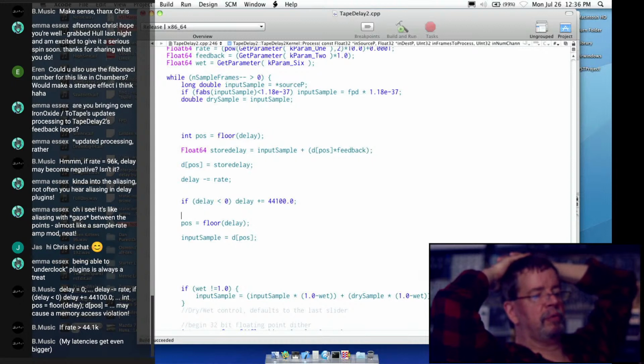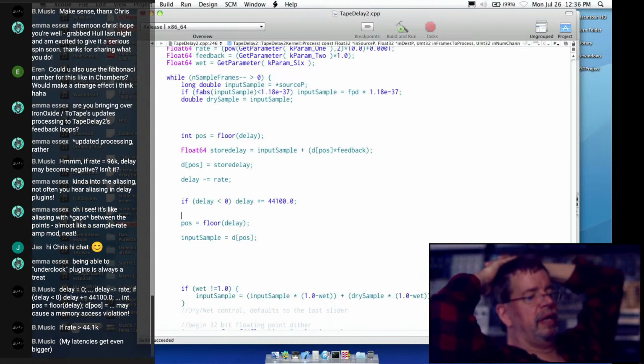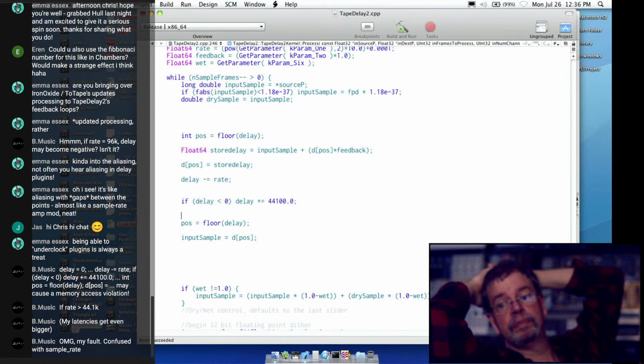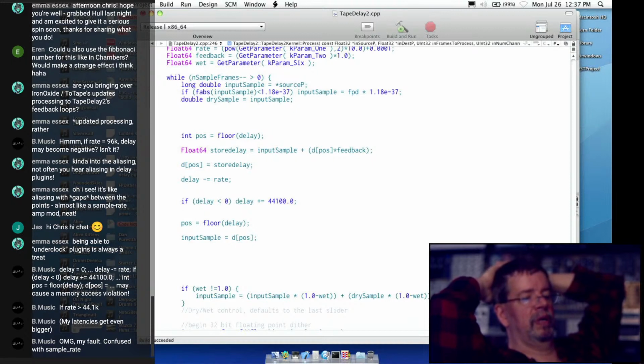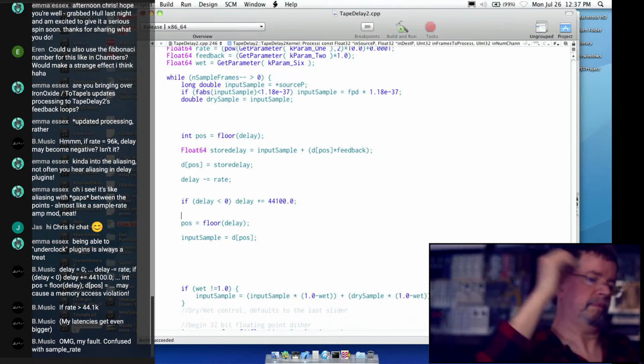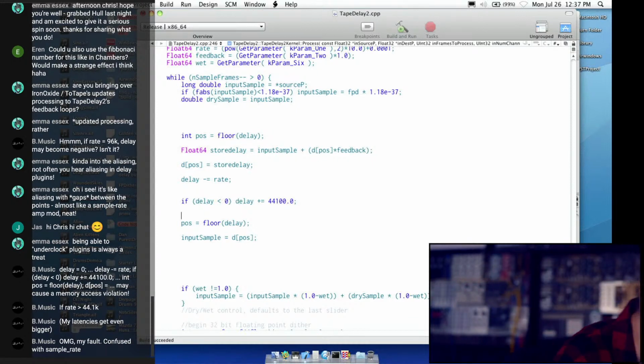Input sample equals d pause is the output. We can always just take that directly from where we're at. We could interpolate it too, come to think of it. But the writing of the new figures coming in, every time we generate a new array number and write that in, we need to be doing that.